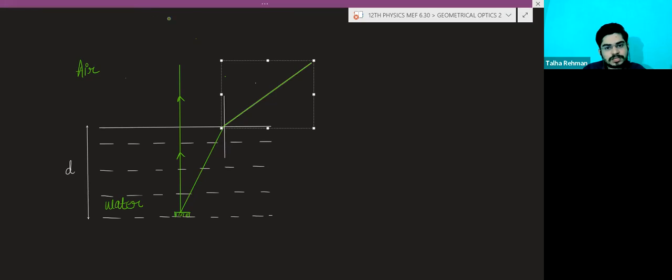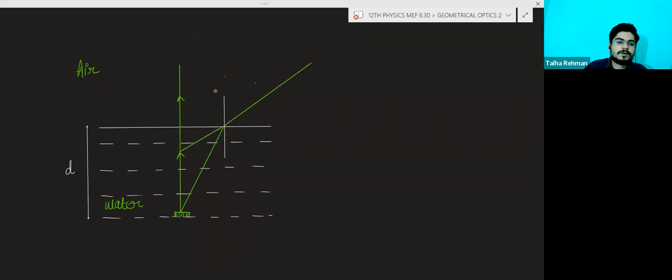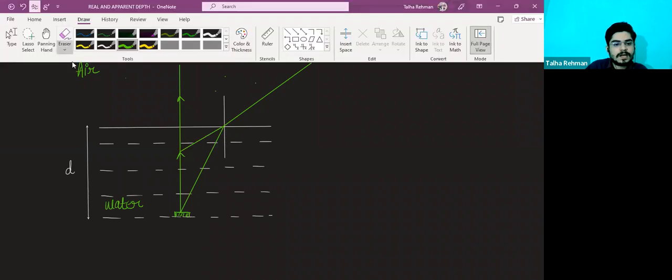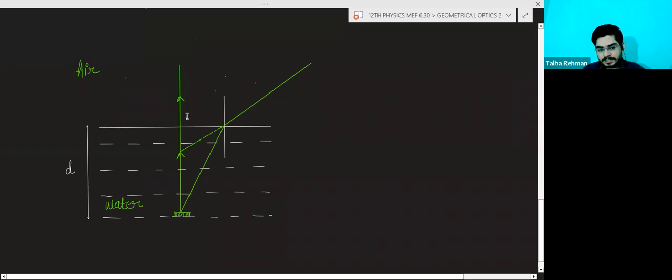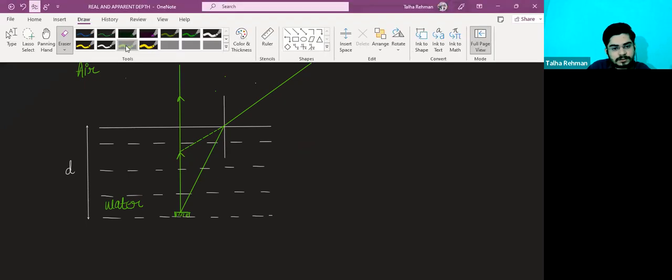And when you produce this ray in the backward direction, then somewhere here you will get the image where the two rays will appear to meet. Finally the object will appear here. So this will be the apparent position.